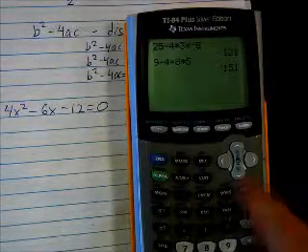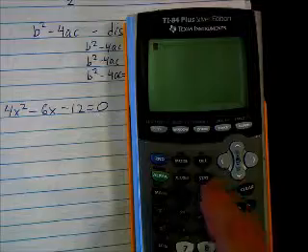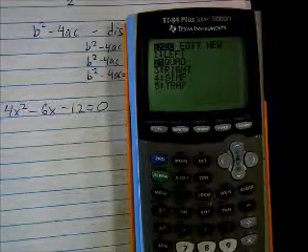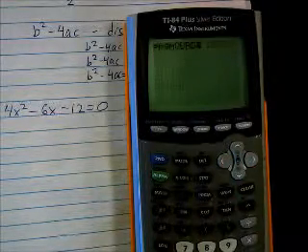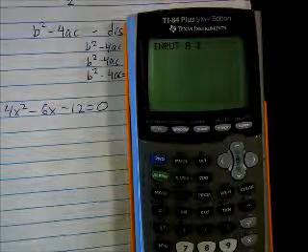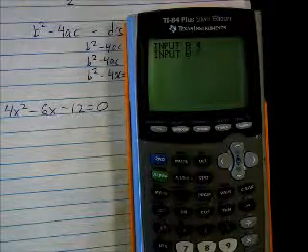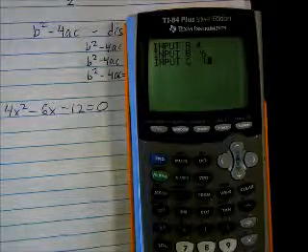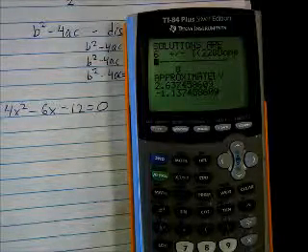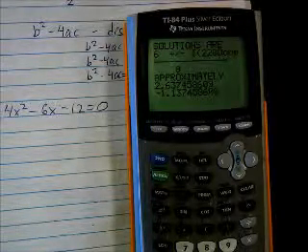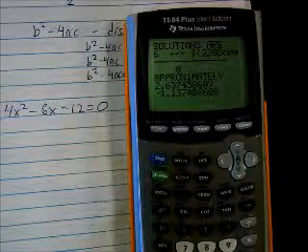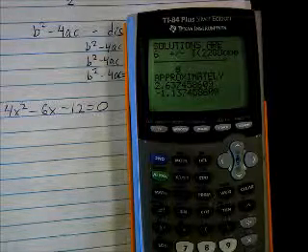So I wrote a program a few years ago for the quadratic formula. All I have to do is type in 4, type in -6, and type in -12. And my calculator tells me the answer is 6 plus or minus the square root of 228 all over 8, which is approximately 2.637 and -1.137.